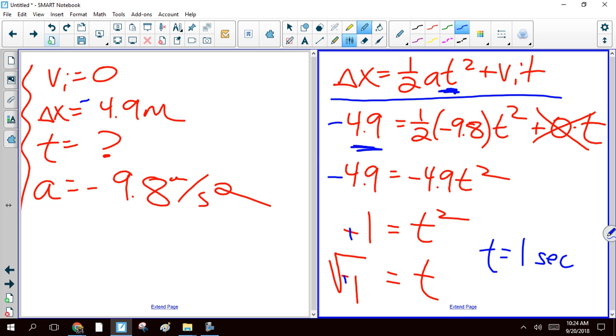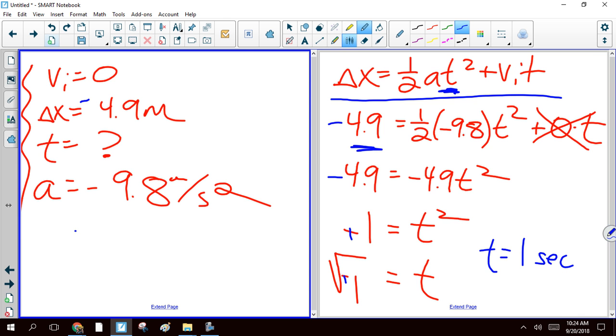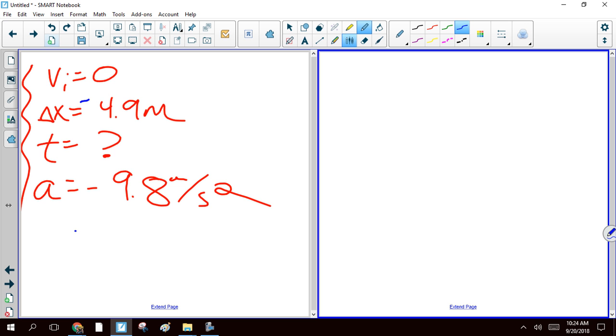So here's what I usually do. The reason it was easy this time was because VI was 0. You guys agree that if we wanted to, we could use that equation to find VF? And that equation is not horrible, is it? Now remember, when you use this equation to find VF, you're going to take a square root.